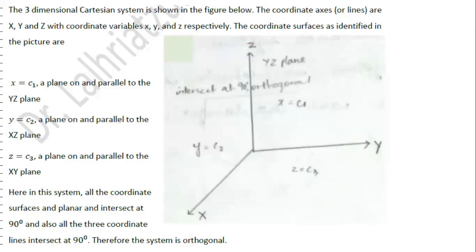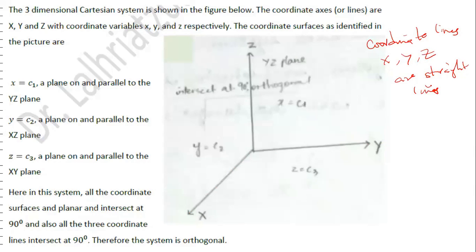You see that coordinate lines are straight lines, right? Coordinate lines, that is x, y, z coordinate lines, are straight lines.